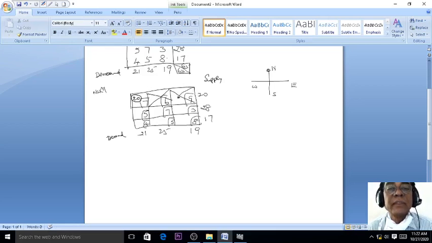Our demand is 21, but the supply is 20, so we accept that supply value. 21 minus 20, so you get only 1.